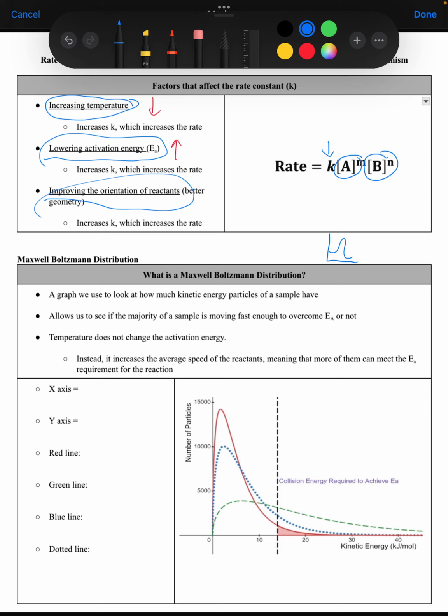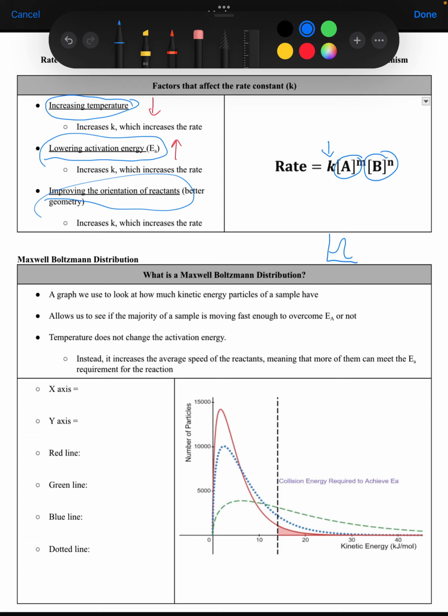But this particular distribution is a graph that we use to look at how much kinetic energy the particles of a sample have. And it's going to let us know if the majority of that sample is moving fast enough to overcome that reaction's activation energy or not.